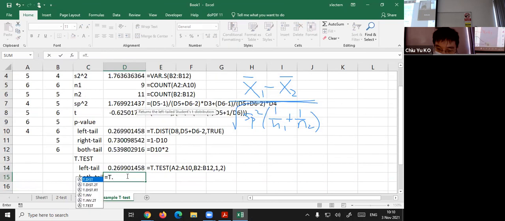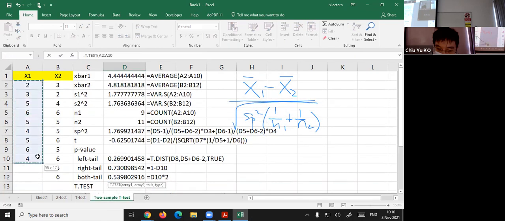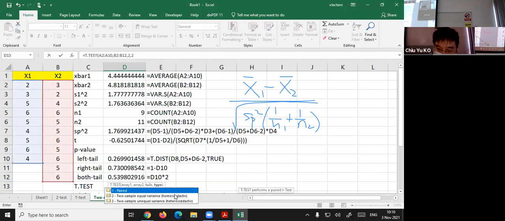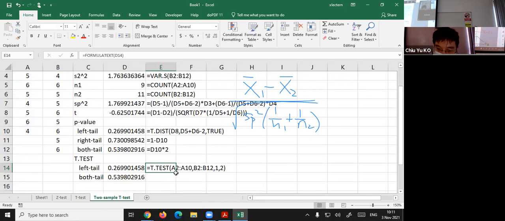This t-test of this and this, and two tail, and equal variance.